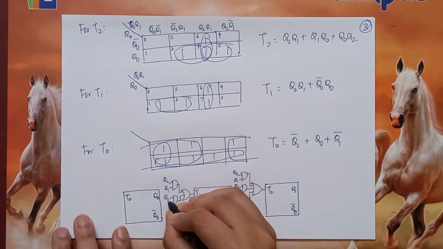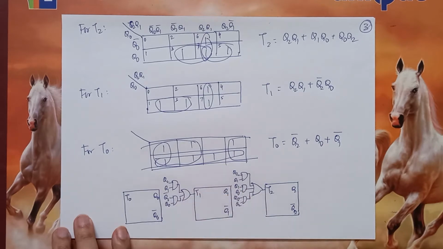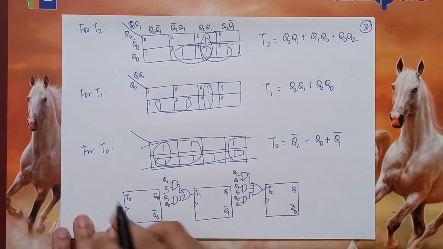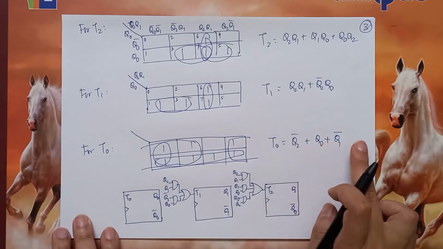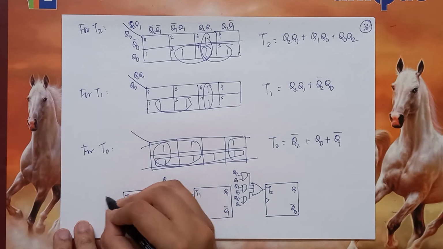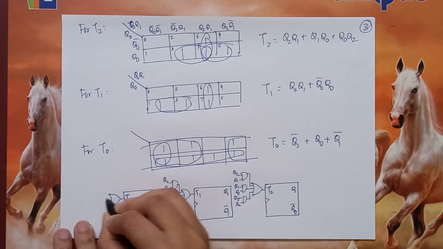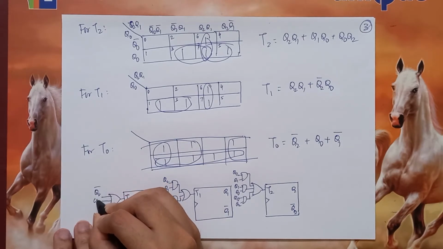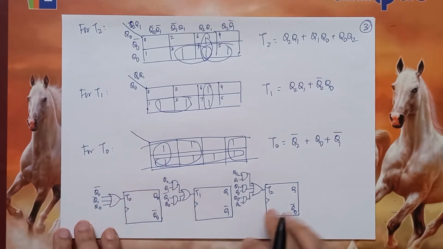Then Q2 bar and Q0. And T0 would be Q2 bar plus Q0 plus Q1 bar. So again we will need 1 OR gate and 3 inputs, Q2 bar, Q1 bar and Q0.